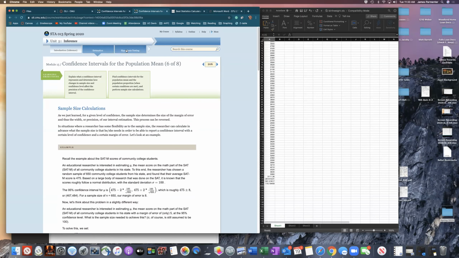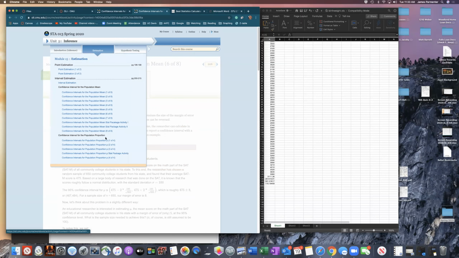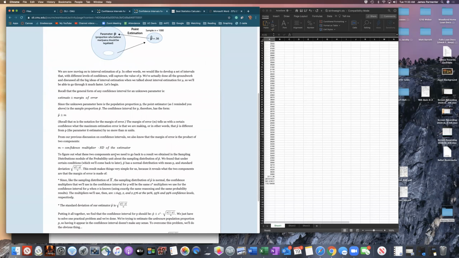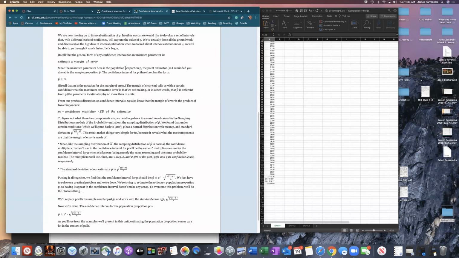I wish this confidence interval about P here, I wish they referenced them, because they talk about the multipliers we use for that.